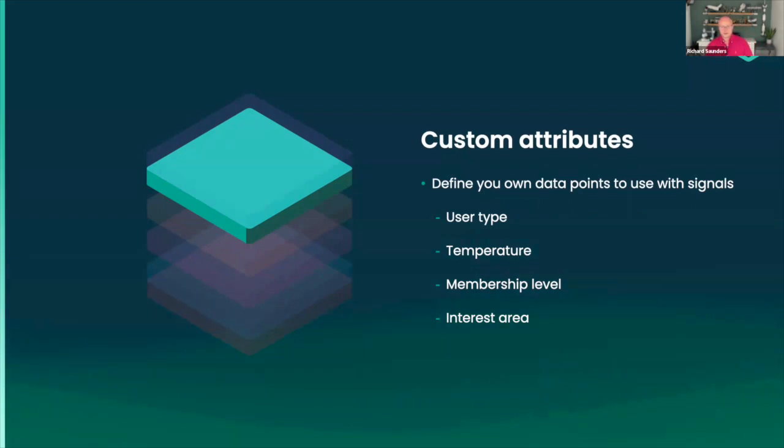You might be an e-commerce store and want to display different products based on the visitor's local temperature. So if it's cold, show them a load of coats. If it's hot, show them pairs of shorts or summer wear. You might run a membership site and want to show different content for different members. And you might have different interest areas as well. So that's custom attributes, things that you already have about your users within your application that you then want to personalize that content on.